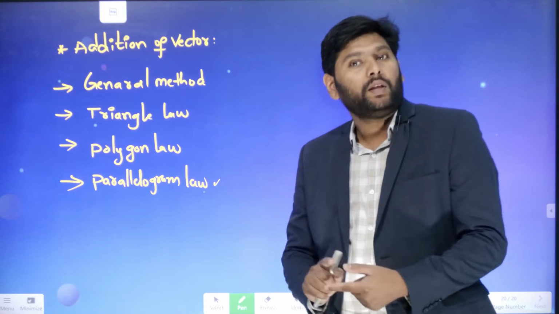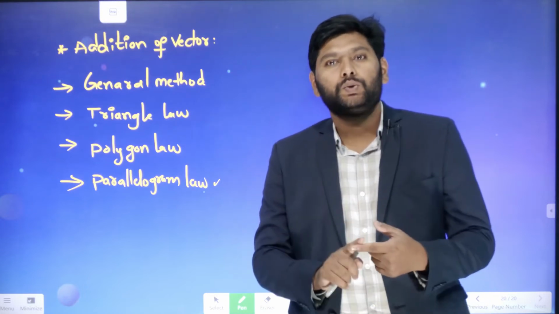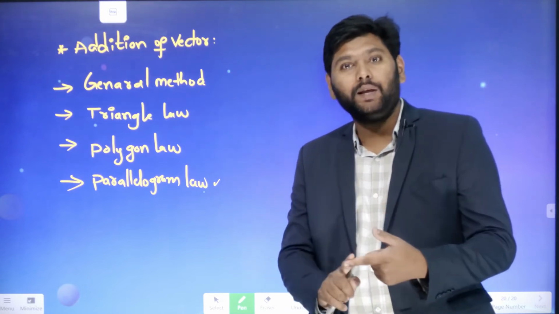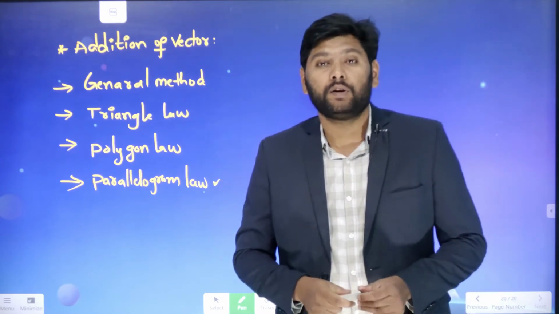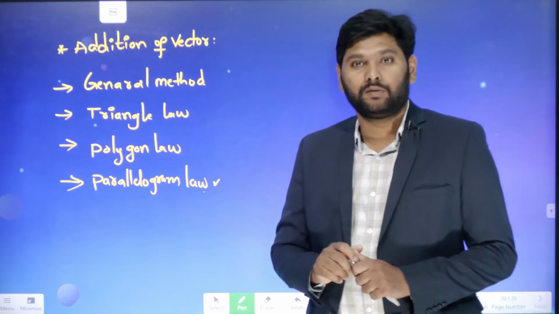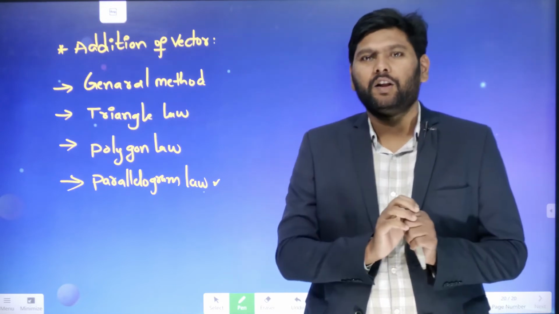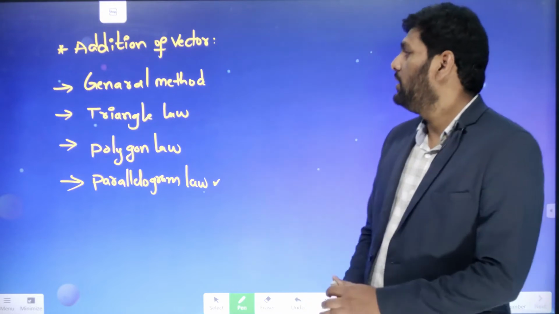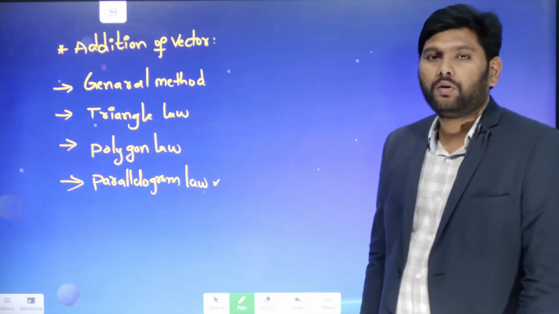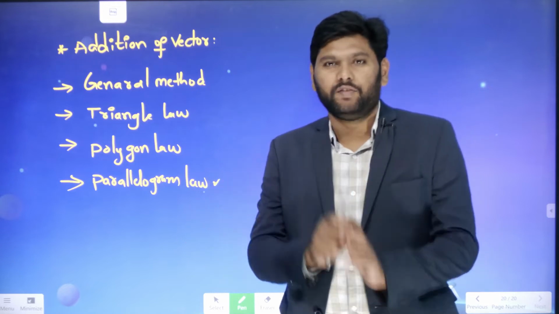You know one thing, in the plus one IPE examination, this parallelogram law of vector addition is a 4-mark question. So learn it now itself and gain your 4 marks here. Understand? Now one by one we'll go through the methods to add the vectors.